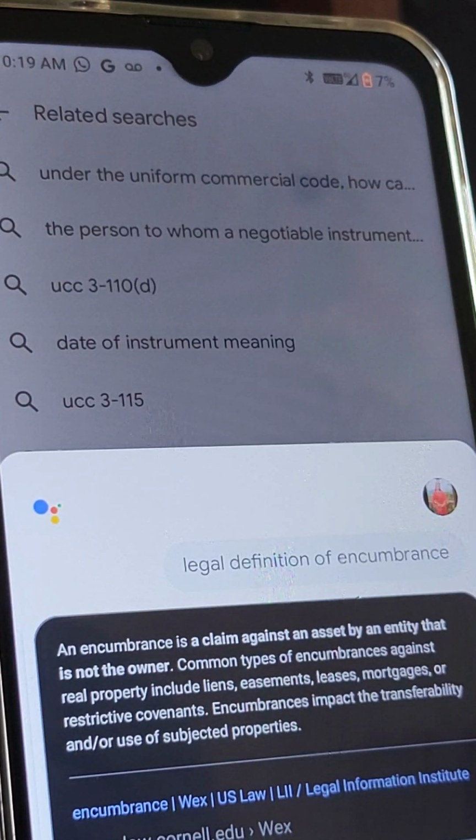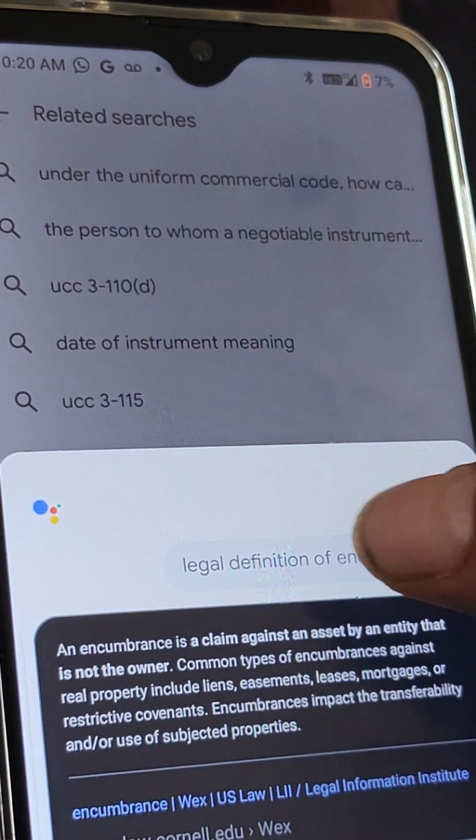So an encumbrance is a claim against an asset. Whenever they hand you that contract, once he puts his signature, that is an asset by an entity, business, all kinds of entities. You could make entities. That is not the owner.